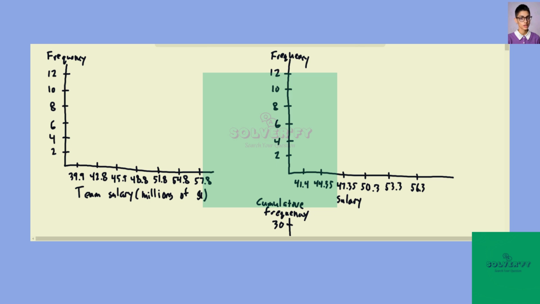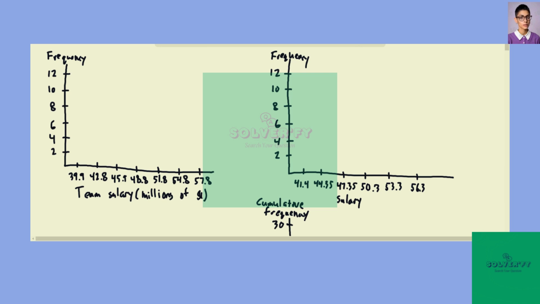To do the histogram, we just need to plot that data, with frequency on the y-axis and salary on the x-axis. To do the frequency polygon, for each class we find the middle of the class limit, and that's basically the same as a histogram, except it's plotted as a dot plot instead of a bar chart.